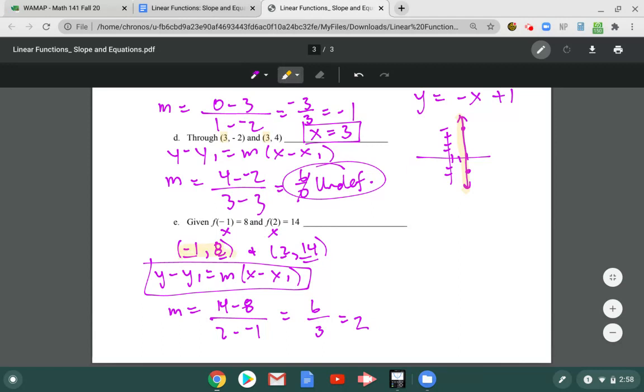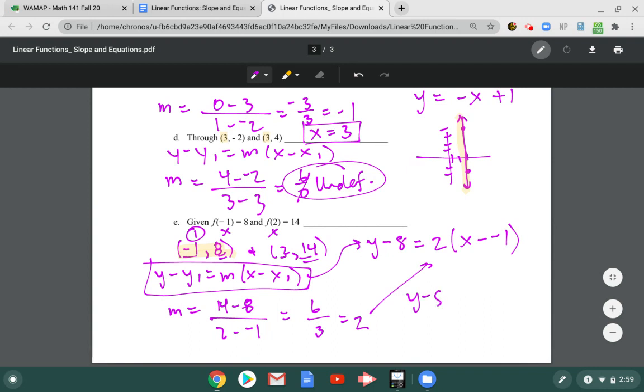It really doesn't matter. So I'm going to call this point number 1. And I'm going to plug that into what I've got for my equation. So y minus y1, that's going to be my 8, is equal to m. That's the 2 that we just found. Times x minus the x from my point, negative 1. Okay, let's go ahead and clean this up a little bit.